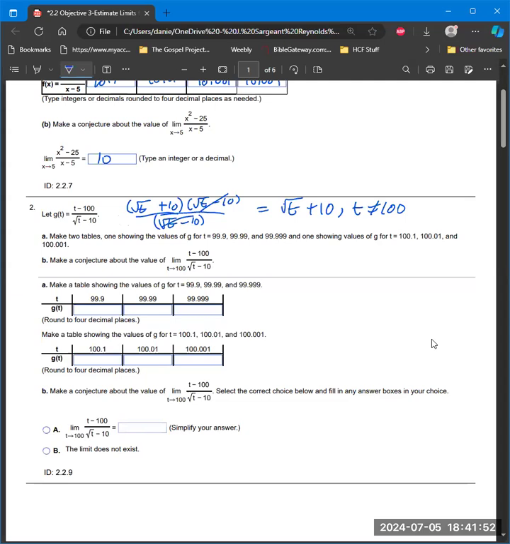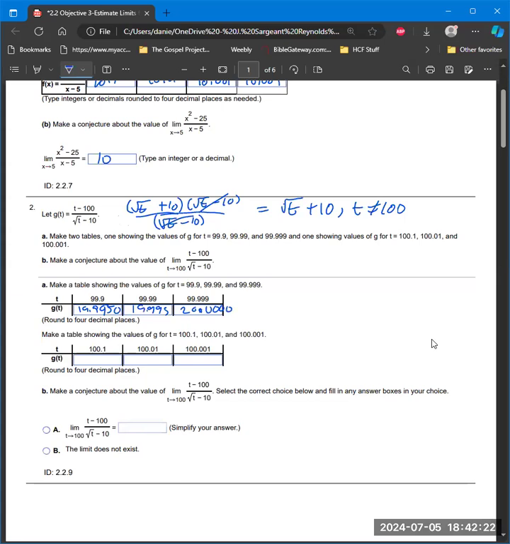So this is going to be 19.9950. And then this is going to be 19.9995. And this one is going to be 20.0000, which rounds to 20 within 4 decimal places.